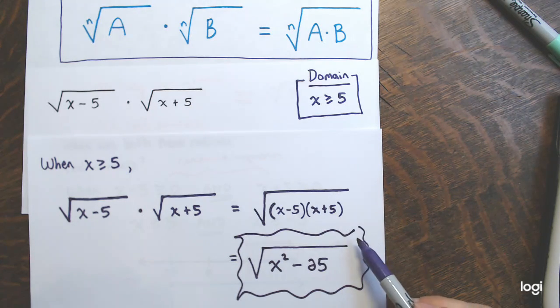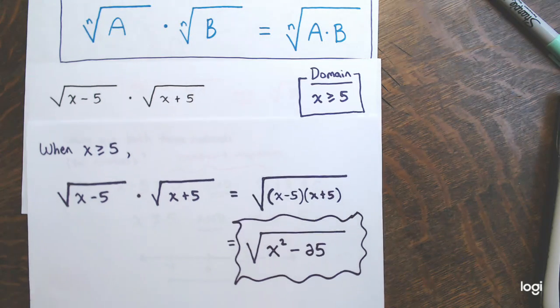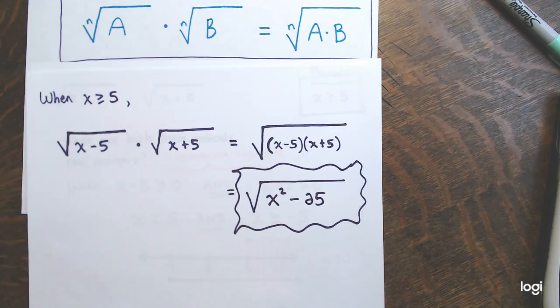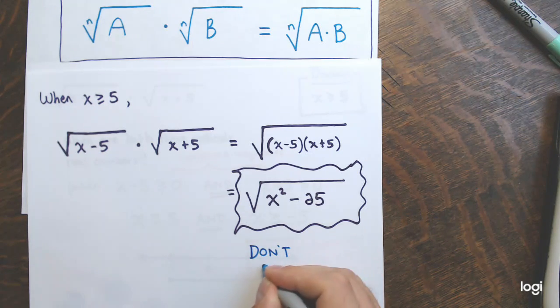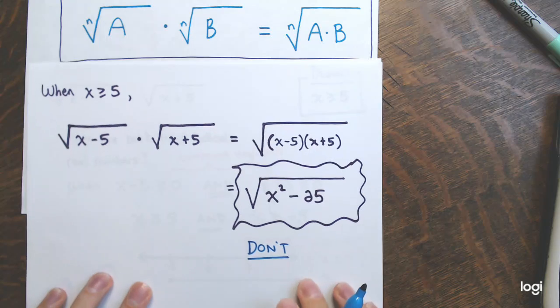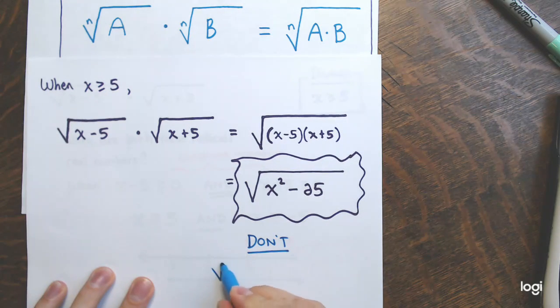Okay. Now, be careful. I'm going to write up a little statement here that's very important. I see this too often, so I'll write a little don't down here. Don't do the following. Very often, I'll see people do this.